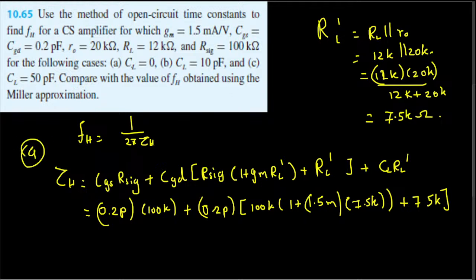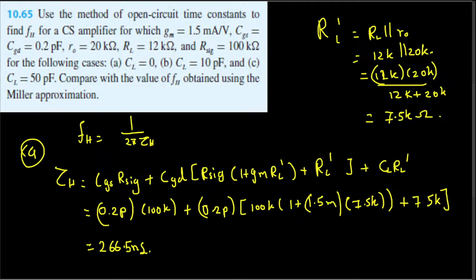For the first case, CL is 0, which means the CL RL prime term will be completely gone, because 0 multiplied by RL prime is 0. Then we just have to calculate this value. If you calculate it, you're going to end up getting 266.5 nanoseconds.